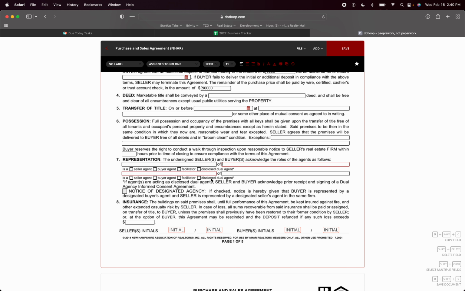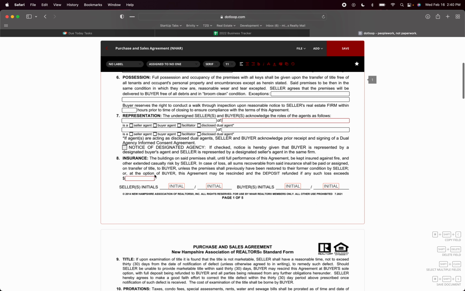So frequently, if we sell one of our own listings on the team, there's going to be a disclosed dual agent situation, since Mark and Michelle will likely be listed on both sides of that transaction. And in those cases, even though both are Keller Williams Coastal and Lakes and Mountains Realty, you would not need to select notice of designated agency because the disclosed dual agency trumps the designated agency, if that makes sense. If you have any questions about that, definitely don't hesitate to let us know. It can be a little confusing when we get into a disclosed dual agent situation.